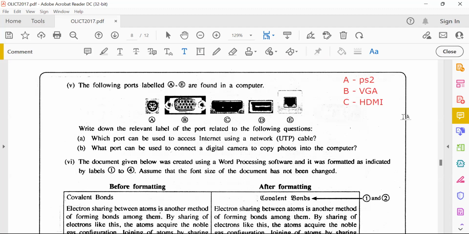Good. Port number D, yes, USB. Port number E, yes, RJ45, or we can say network port.